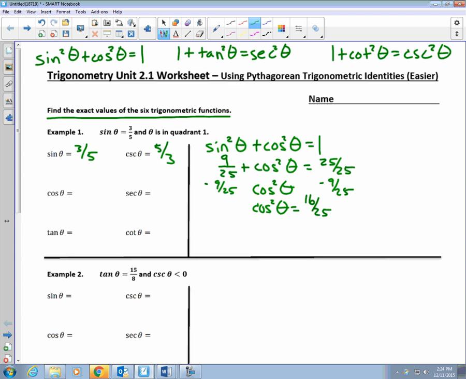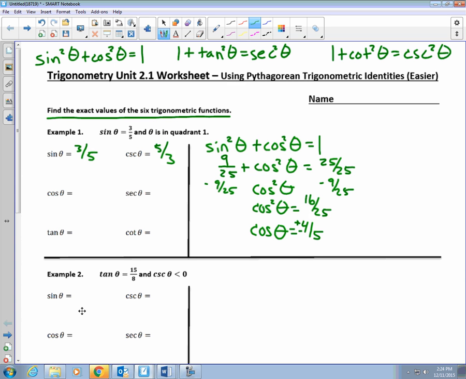How do I get rid of the squared? Square root. Cosine of theta is equal to, what's the square root of 16? 4. Square root of 25. Cosine of theta is 4/5, plus or minus. We don't know which one it is.